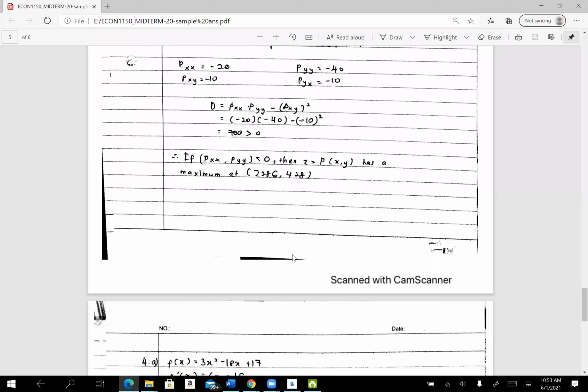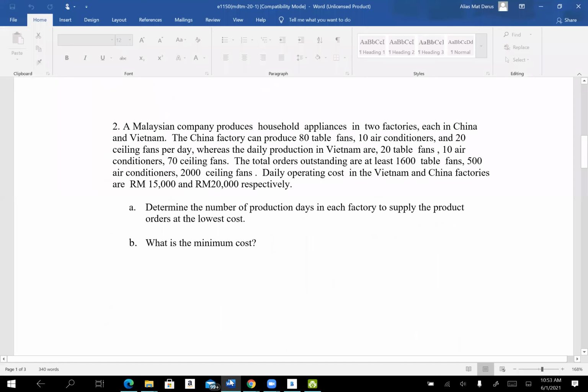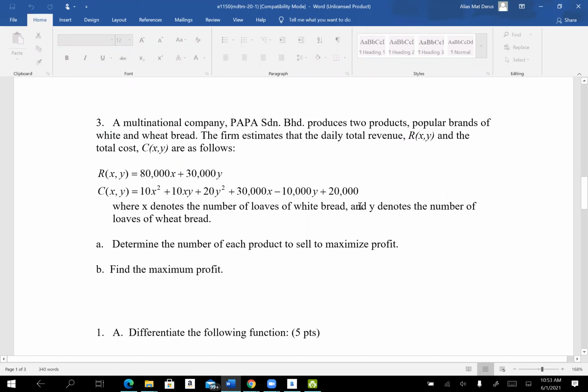All right. To maximize profit, kita maximize cost atau minimize cost? Siapa dah pening? Saya tengok soalan 2. Ini soalan nombor 3. Kita tengok soalan nombor 2. Apa? Okay. Tanya. To maximize profit.